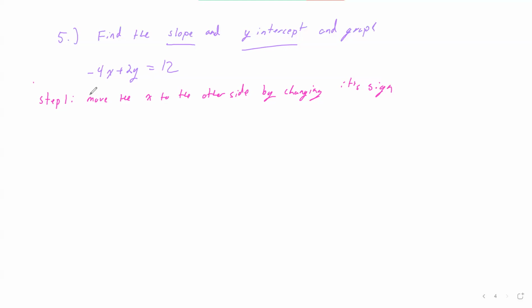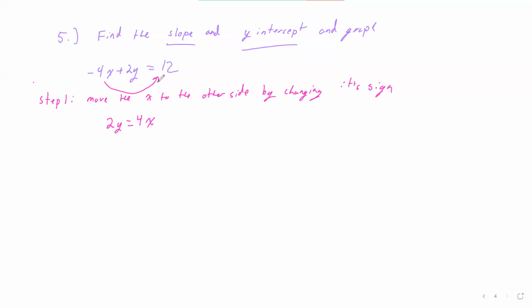All right, so here we go. I'm going to move this -4x over. If I move it to the other side, that 4x becomes a what? Positive. So I'm going to rewrite it. I now have 2y equals. Now note, I'm going to write the x first. So instead of a -4x, it becomes a positive 4x.